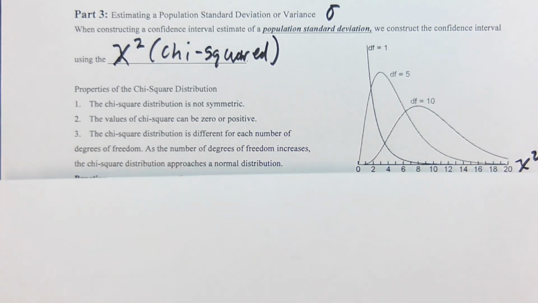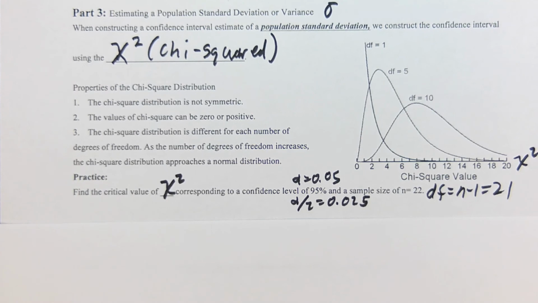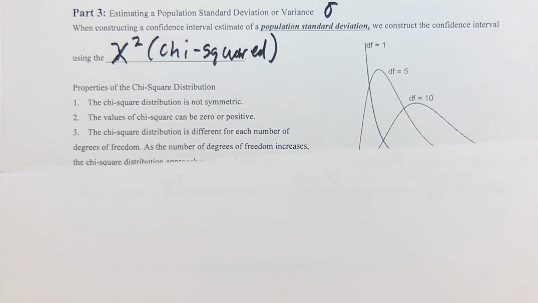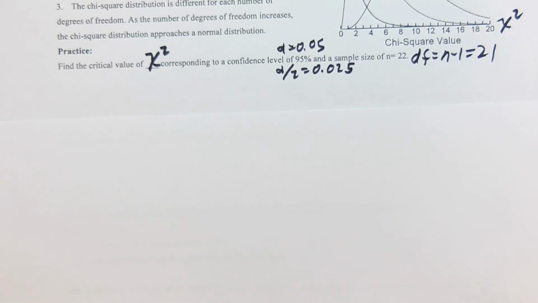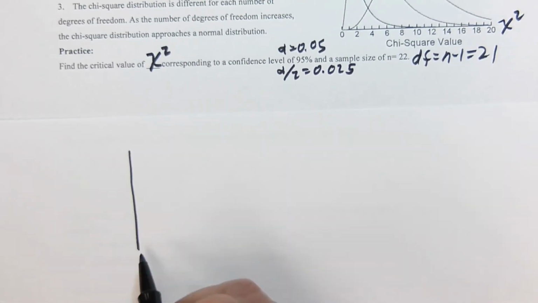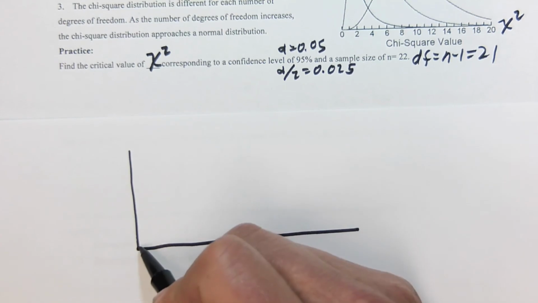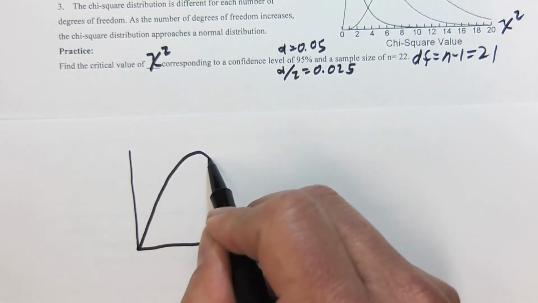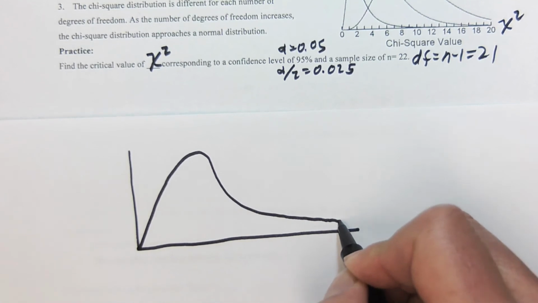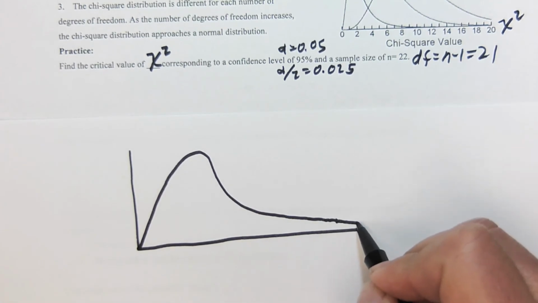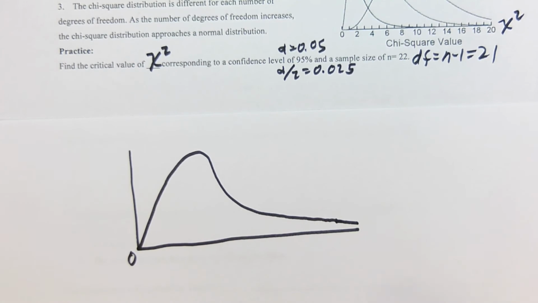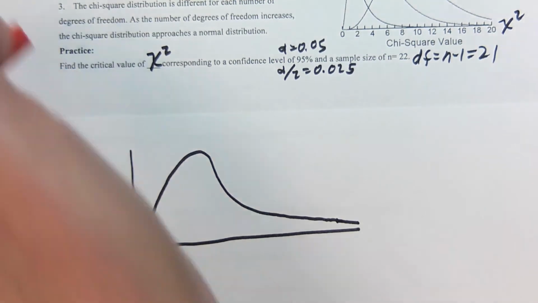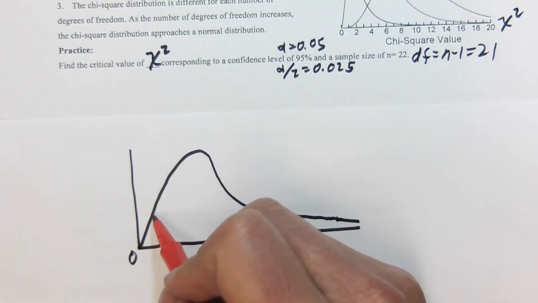And I want to show you what this graph looks like. It starts at 0, and it's very skewed to the right. So here's my 0. We are actually looking for two chi-squared values, these critical values. So this gets split up.